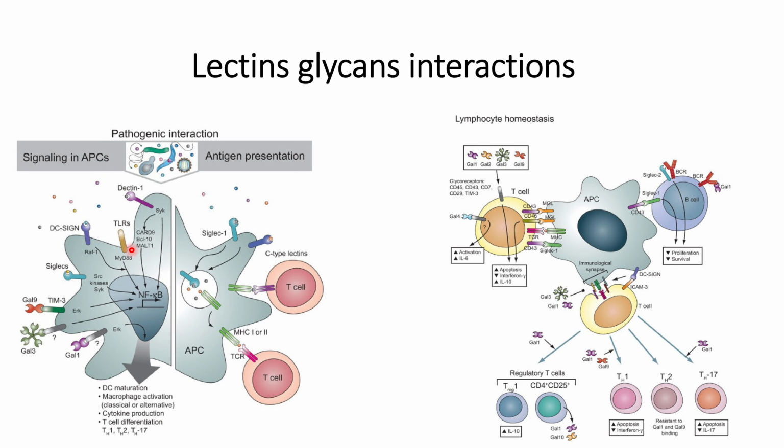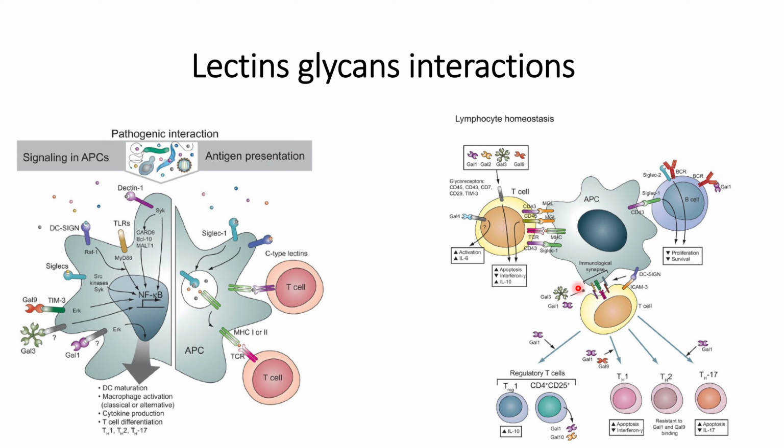This is about how antigen presenting cells can help in the immune response against pathogens through the information present in the form of carbohydrate structures on the pathogens.